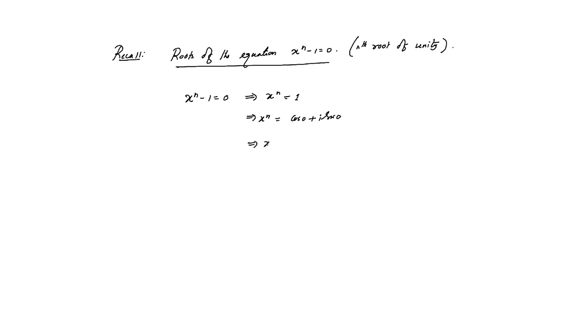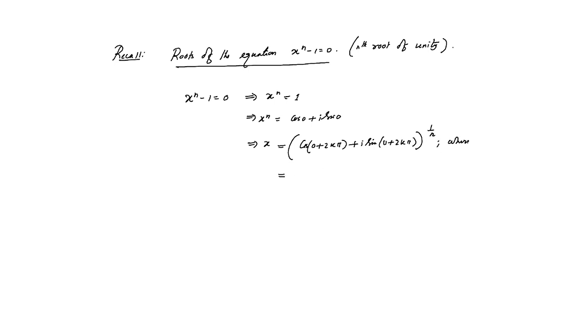So that means we can write x equals (cos(0 + 2kπ) + i sin(0 + 2kπ)) whole to the power 1/n, since cosine and sine are periodic functions. Now what is k?